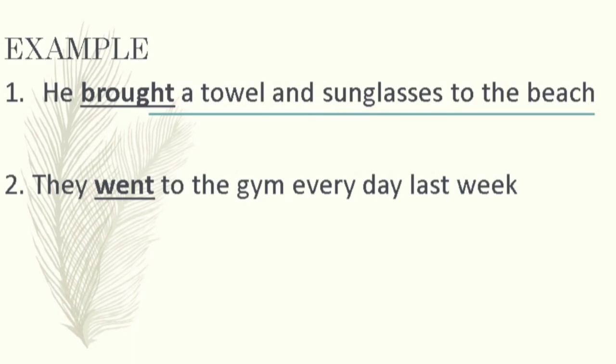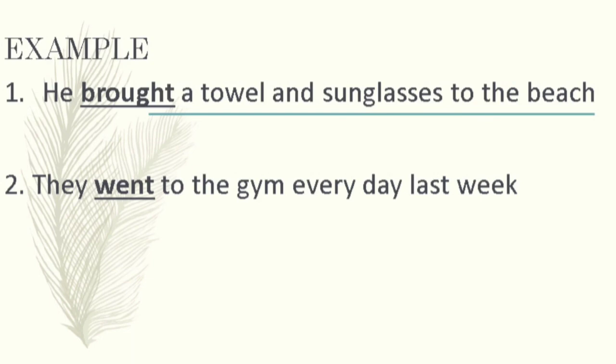Okay, let's see the second sentence. They went to the gym every day last week. Okay? They went to the gym every day last week. So here, I'm showing you a repeated action. I'm using every day. This is a frequency indicator. How often did I do that action? And here, last week, is the specific point in time. Okay, remember that?